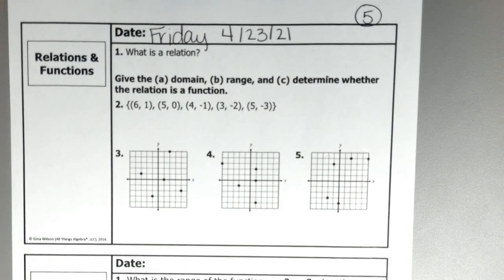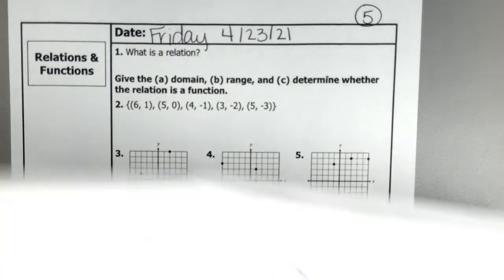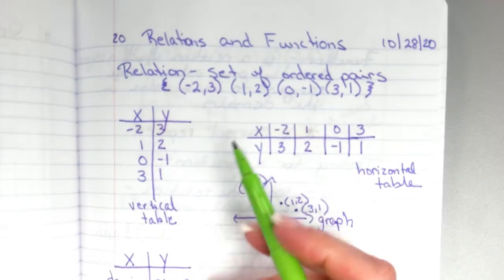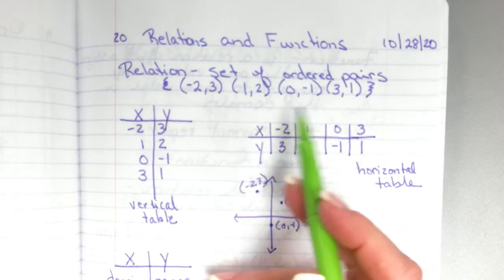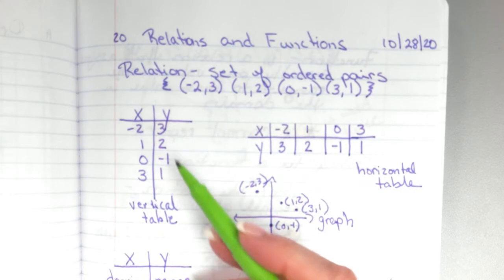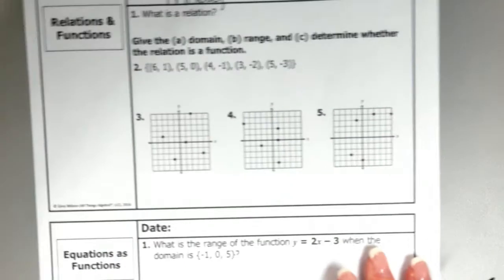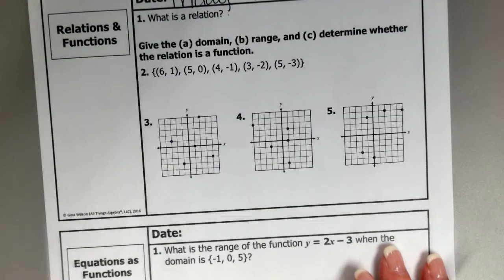All right, so let's just start at the top. Number one, it says, what is a relation? So when we first started this section, the very first thing we wrote down was that a relation is a set of ordered pairs. And I gave you an example, and that's what we worked with. Okay? So let's fill that in. Focus just a little bit.